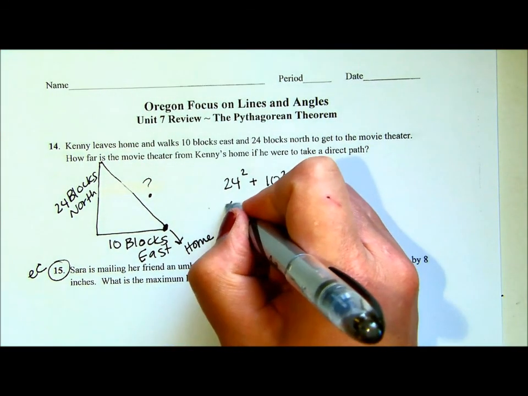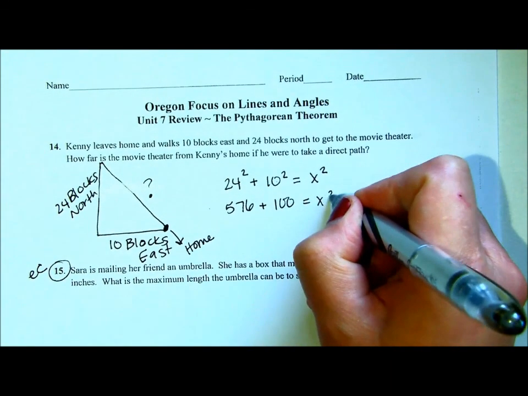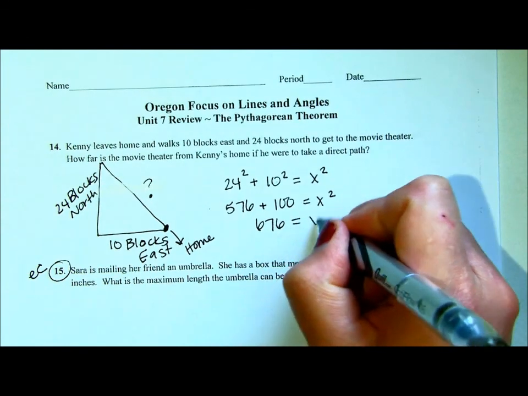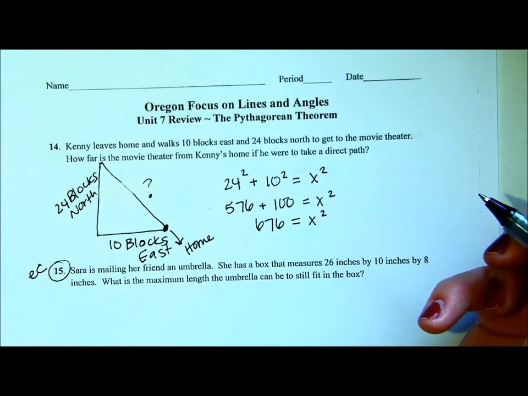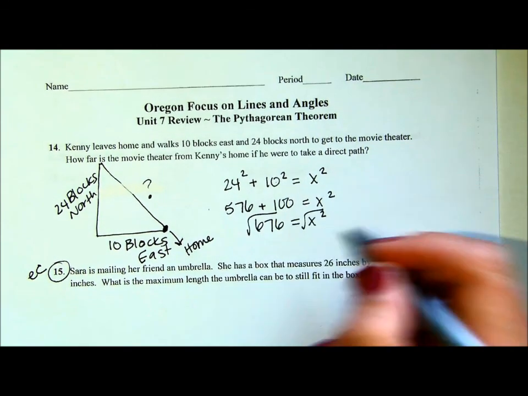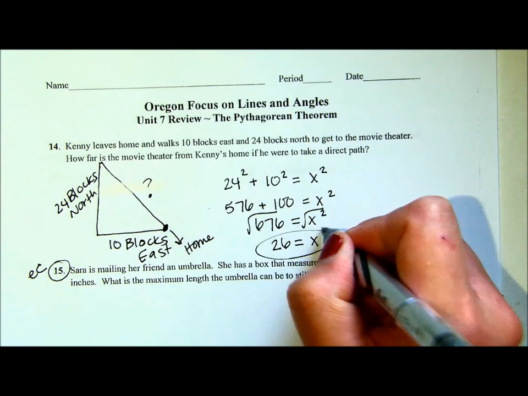Plus 10 squared, which is 100. Add those two numbers together, you get 676. And 676 square rooted gives us 26. So 26 equals x.